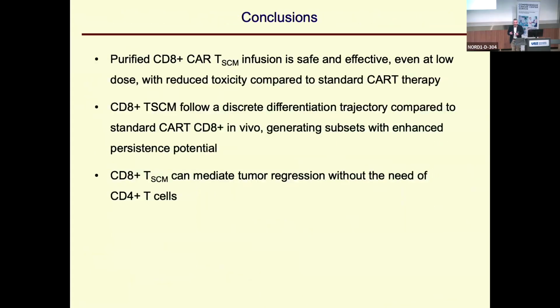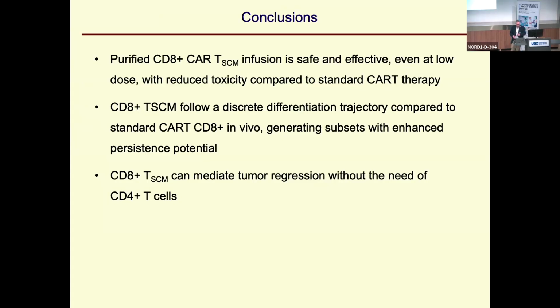So in conclusion, I think it's important here to show that we have the possibility to induce patients in complete remission when we infuse CD8 T cells only, in the absence of CD4, or at least CAR-transduced CD4s. Obviously, the patient has the matched CD4 population, so there might be some endogenous immunity being activated. We don't know.